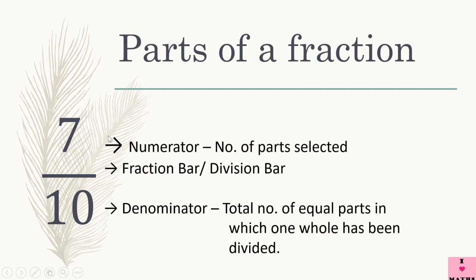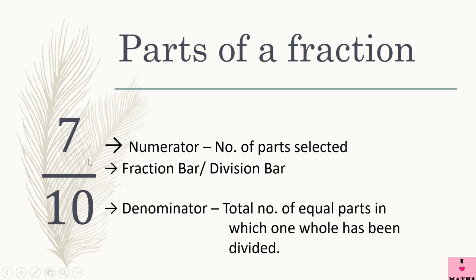For example, this fraction is read like this: 7/10. In this fraction, you can see two numbers. One is this number, the upper number.